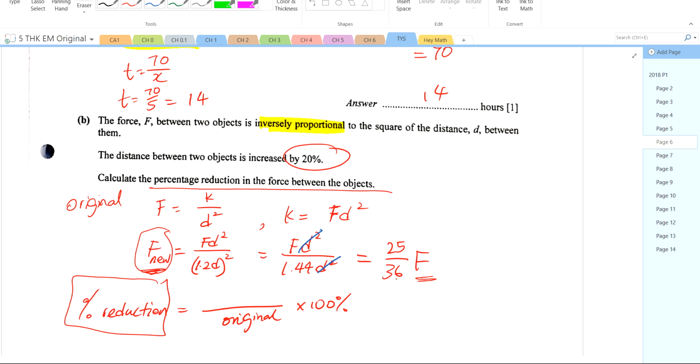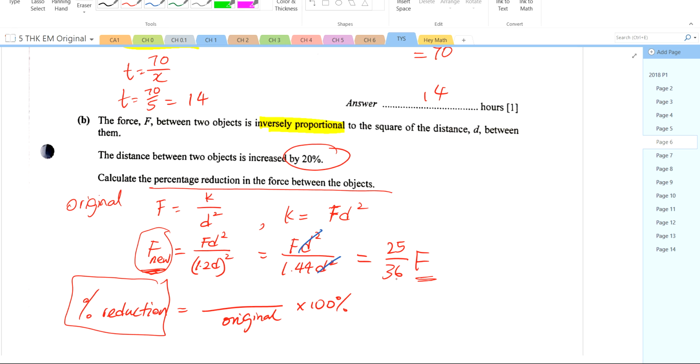In the numerator, what minus what will give you positive? You only have two choices, final minus original or original minus final. Which one? Not 36 minus 25. New minus original or original minus new? New is smaller. Original minus new.